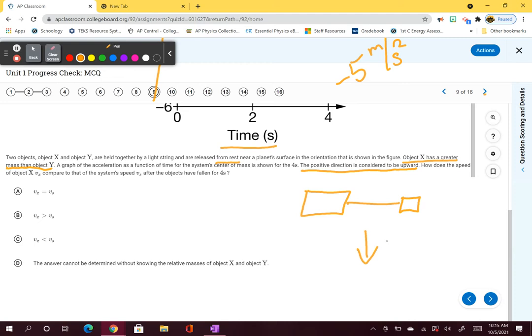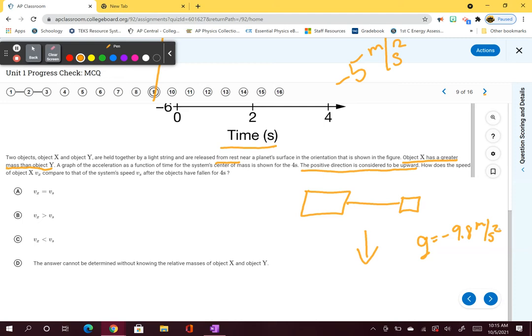It says they're near a planet. We can just say they're near planet Earth. So we know gravity is negative 9.8 meters per second squared. Think about your free fall lab. It didn't matter if you had your marble that was heavier or smaller, your accelerations were all about the same.